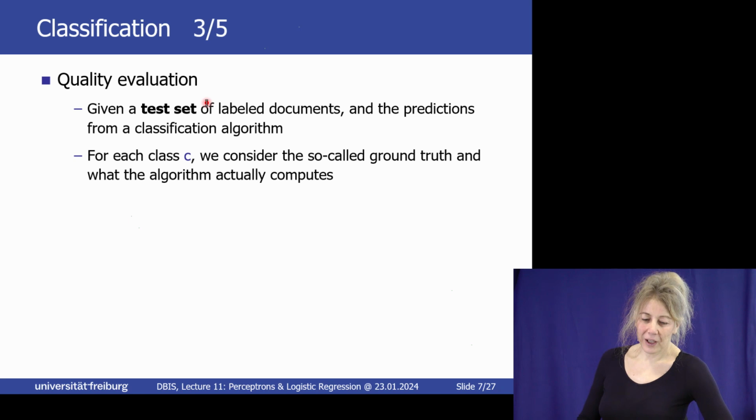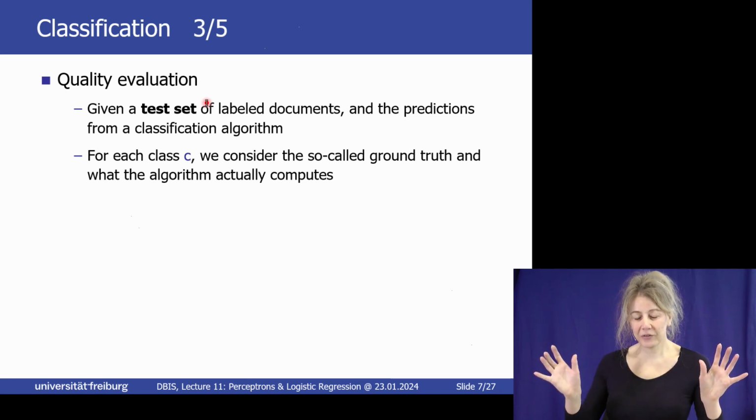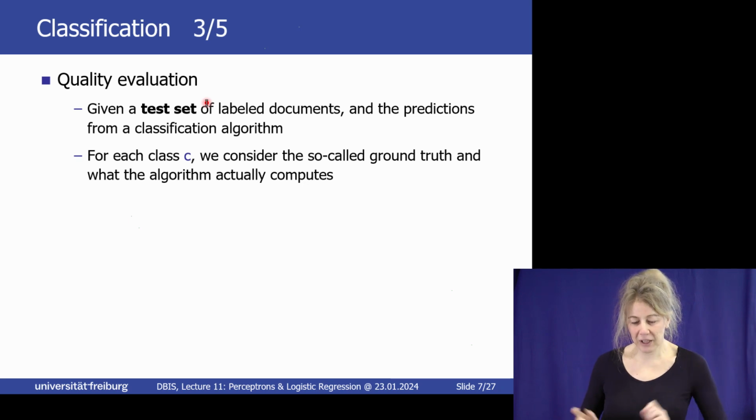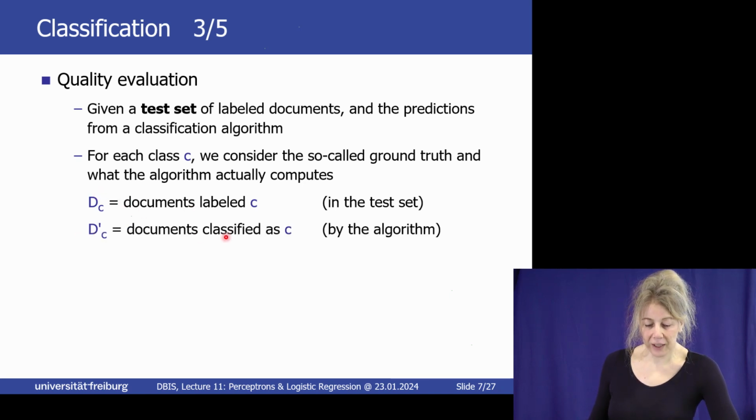So how do you do that? Let's first talk about the problem when you have many labels, like for the genres, science fiction and so on. What you have in the ground truth is the set of documents labeled science fiction, for example, and what your algorithm predicts. Ideally these two sets are the same, but your algorithm will make errors.